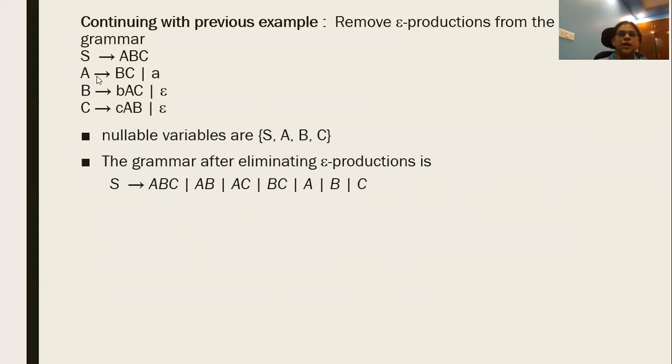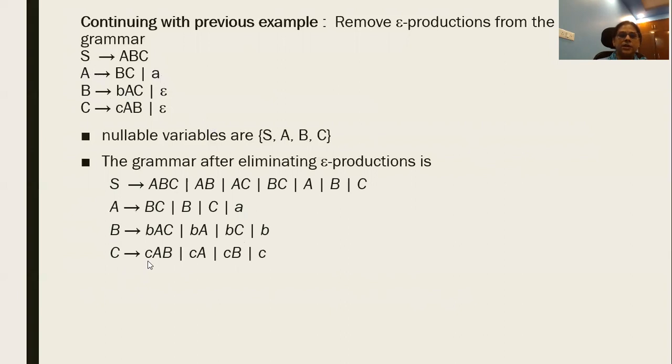Similarly, the production A derives BC would be replaced by A derives BC, A derives B, A derives C, and A derives small a, that is the original production here. Similarly, we will have B derives BAC, BA, BC and B, and C derives CAB, CA, CB and C.